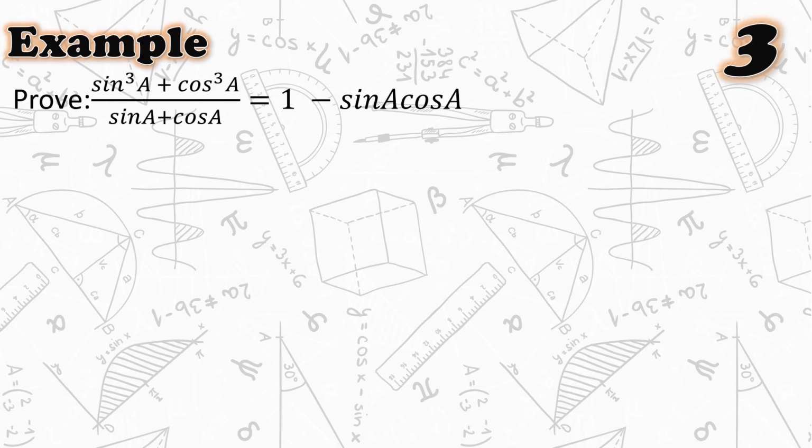Let us have another example. Example number 3. Prove the identity sine cube A plus cosine cube A over sine A plus cosine A equals 1 minus sine A cosine A. In here, the left-hand side is the one that appears to be more complicated than the right-hand side.